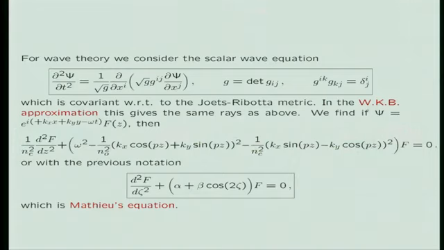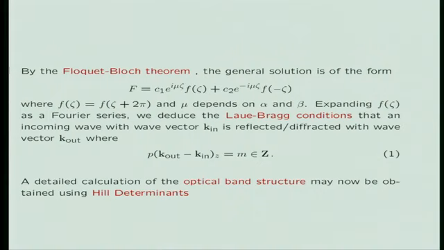This is the typical potential here, and one can now discuss its properties. You put in general solution by Floquet or Bloch, and you can then pick up the Bragg condition, or Bragg conditions, and in the end you're led to look at the optical band structure using Hill determinants.